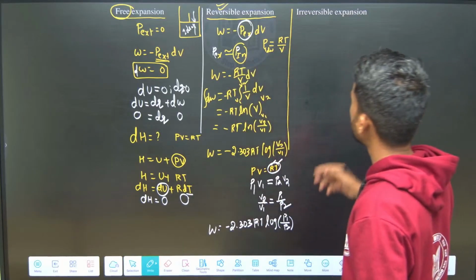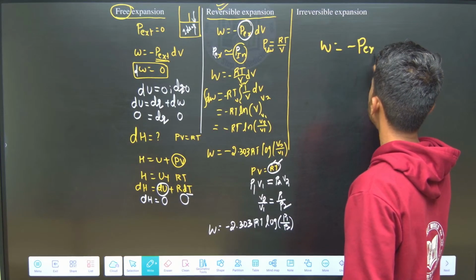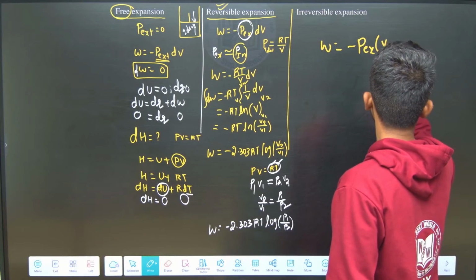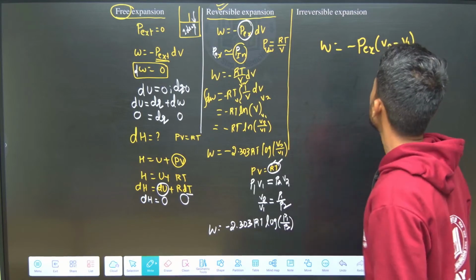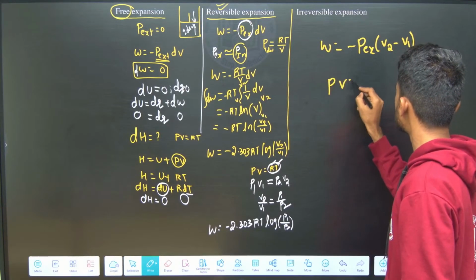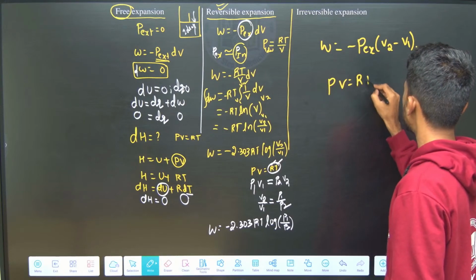For the irreversible case, just take W equals minus P external dV, that is, V2 minus V1. In the place of V2 minus V1, I can write PV equals RT for 1 mole.